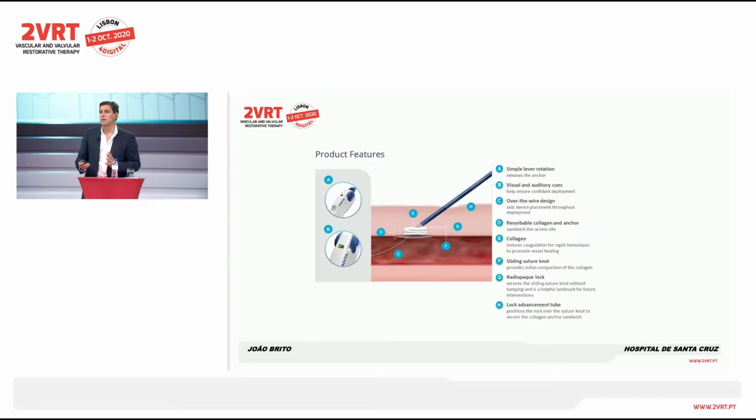So this is a system that resembles the Angio-Seal, because we have an intravascular polymeric toggle, which is resorbable, and it stays inside the lumen of the artery, which is connected by a polyester suture to a collagen plug. The collagen plug stays outside of the vessel.